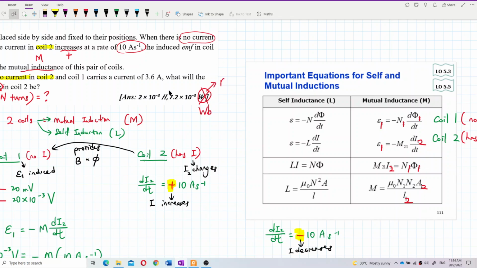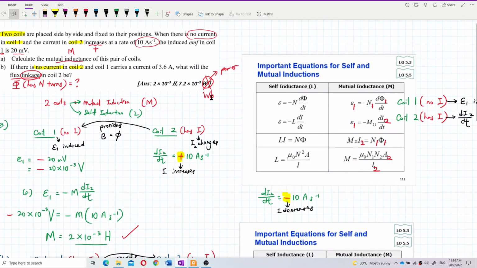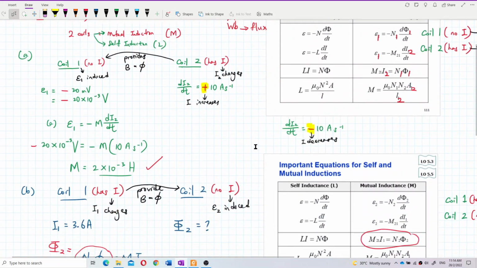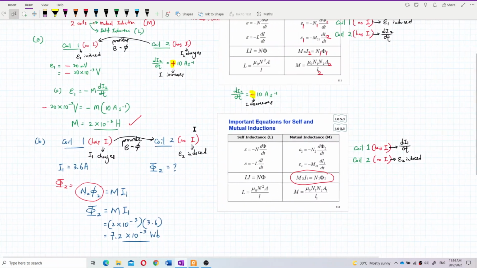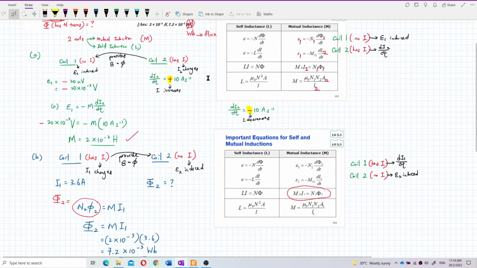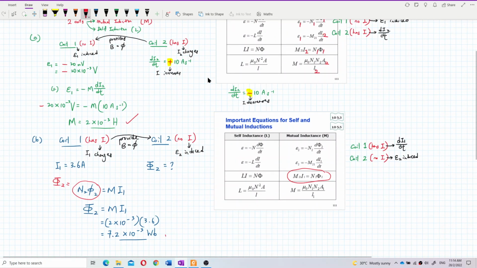Watt is for power, W is for power. Weber is for flux. So I'm correct, 7.2 times 10 to the negative 3 weber.